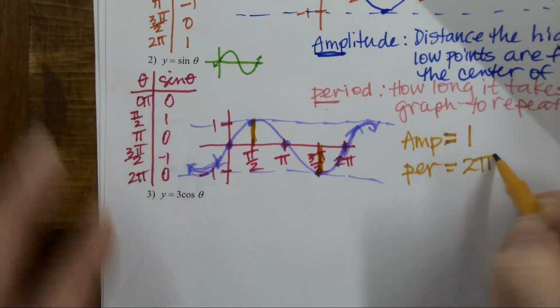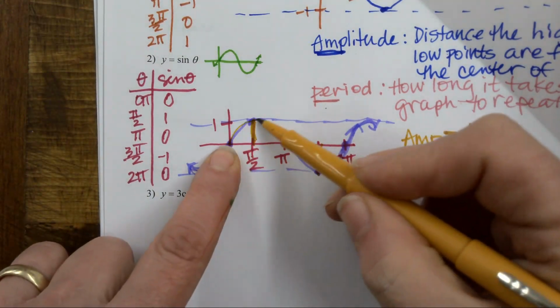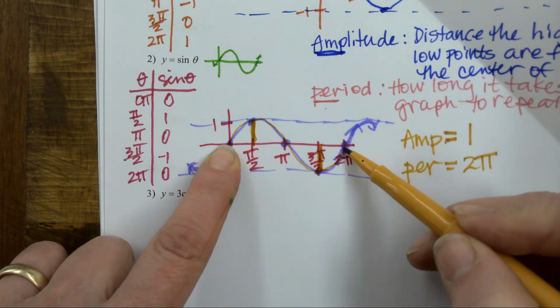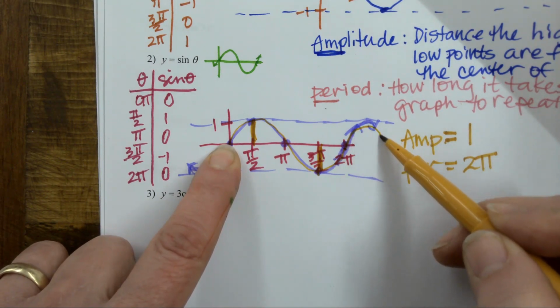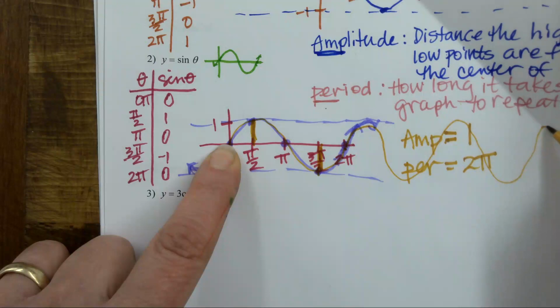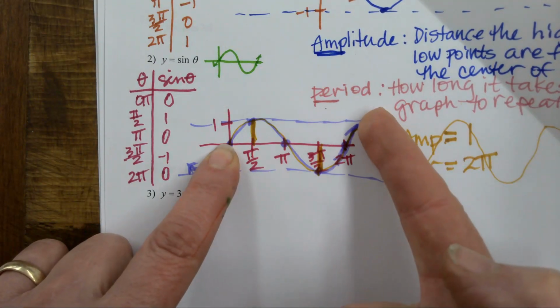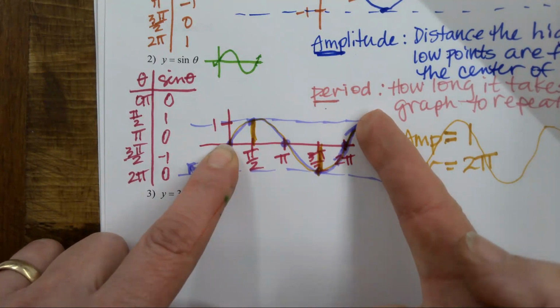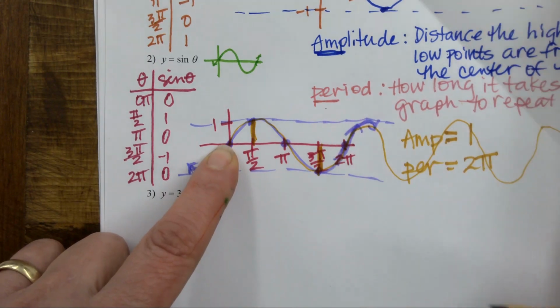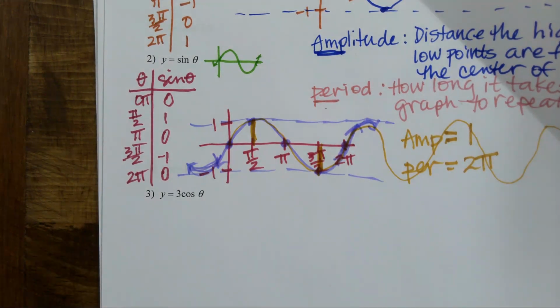It's 2 pi. Once it starts and gets to 2 pi, it starts to do the same thing over and over again. That's what I mean by the period. That's what the graph looks like. It's going to repeat forever after. Okay? All right.